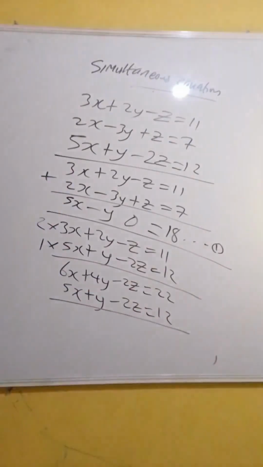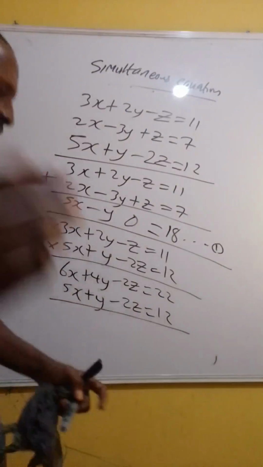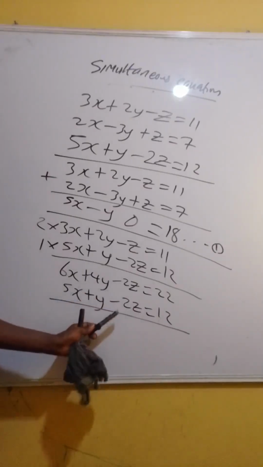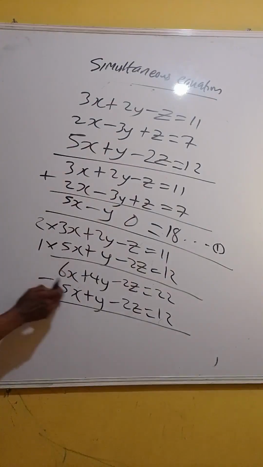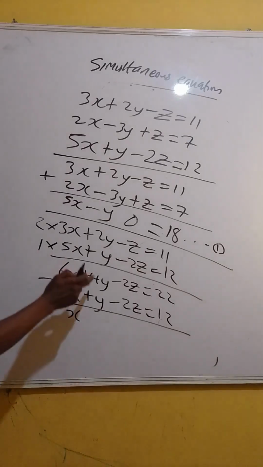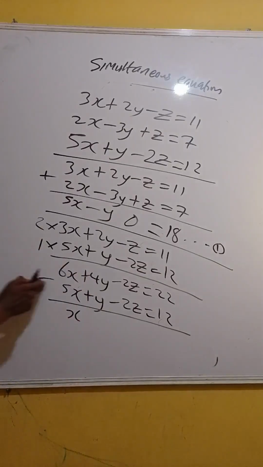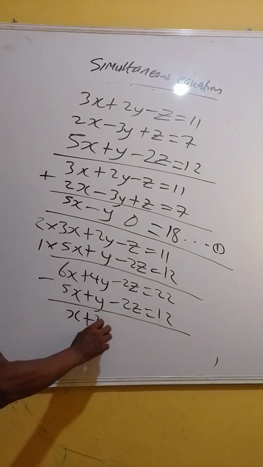Now watch what is happening here. Let us check. This is minus 2z, minus 2z. What do we do? Subtract. So subtract here. 6x minus 5x will give me x. Now 4y minus plus y will give me plus 3y.